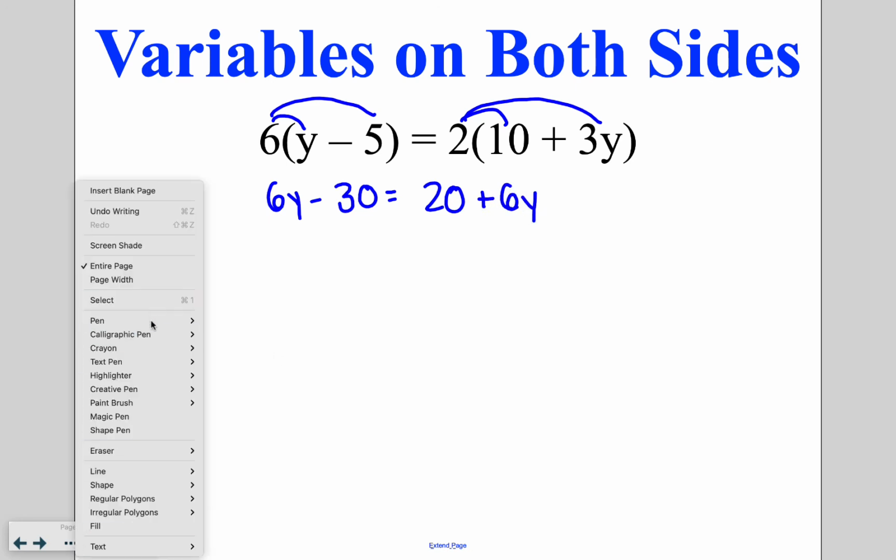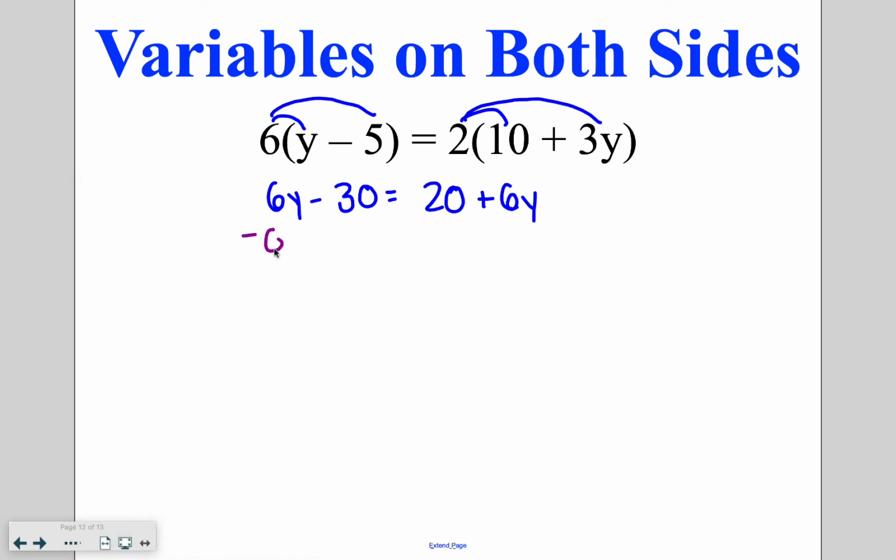Like any other problem, my next job is going to be to combine those variables. So I'm going to subtract 6y on both sides, and that is going to give me negative 30 is equal to 20. At this point, all of the variables have been eliminated.